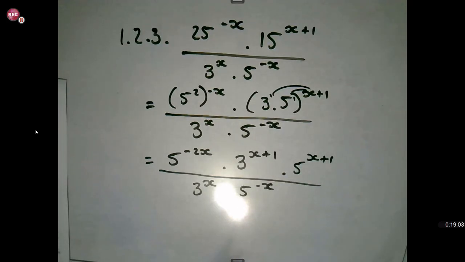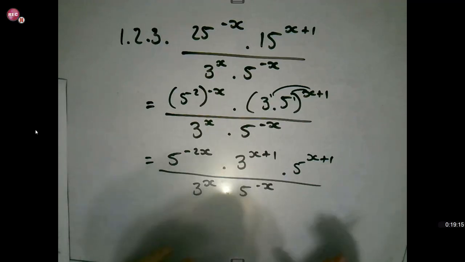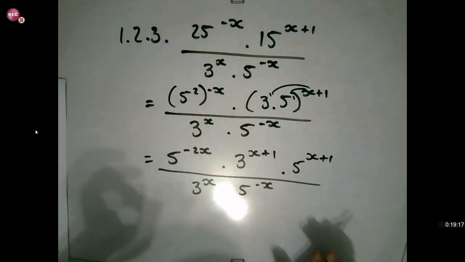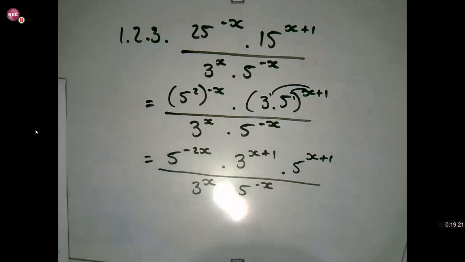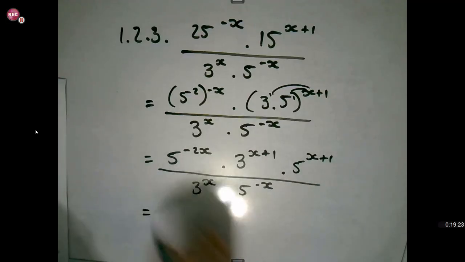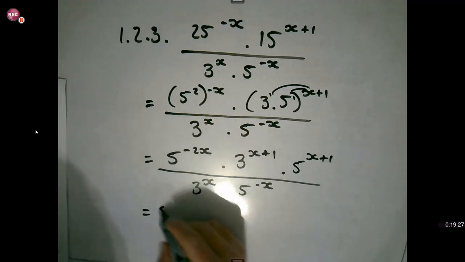Okay. What we need to do now is apply law number 2. Because you want to get rid of the exponents as soon as possible, especially the variables in this case. So, we'll start off with the base of 5.